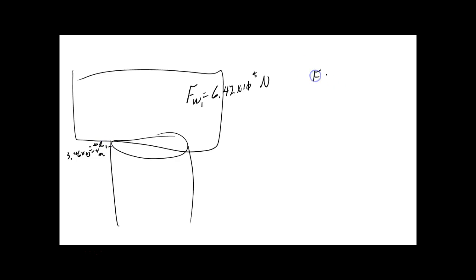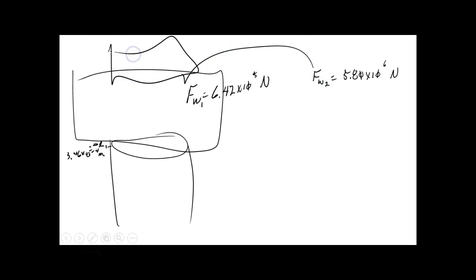They're asking how much will be the new compression when your weight 2 is going to be about 9 times greater, 5.80 times 10 to the 6 newtons. So you're going to put even more weight on it. Pile another block on here.